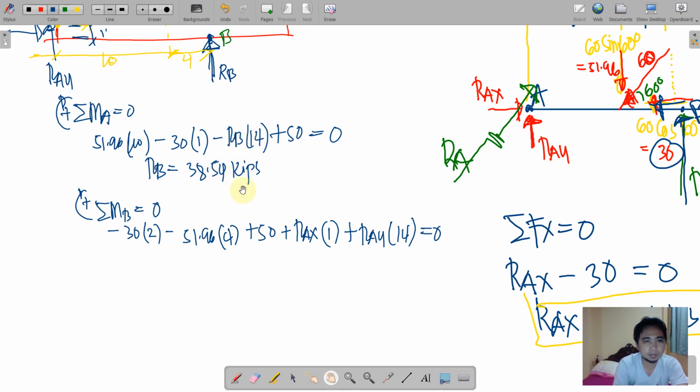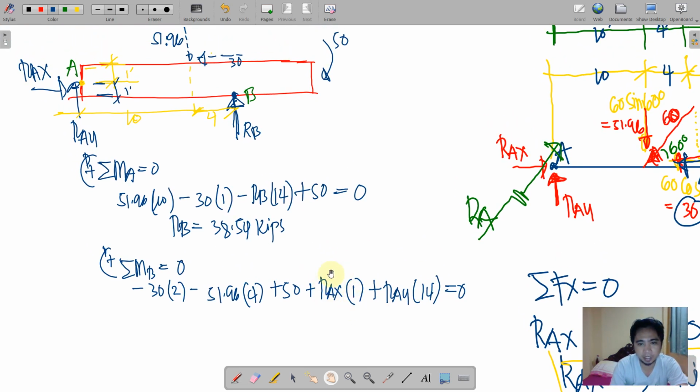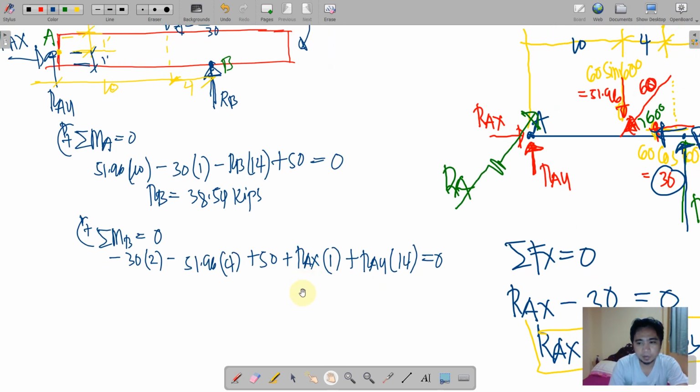So, anong mangyayari dito? Magkakaroon tayo ng 2 unknown variables. Why? Kasi nga, nagkaroon na ng distance yung RAX this time. So, before simplifying this equation, kahit na anong simplify mo dyan, dalawang unknown yan, isa-isang equation.